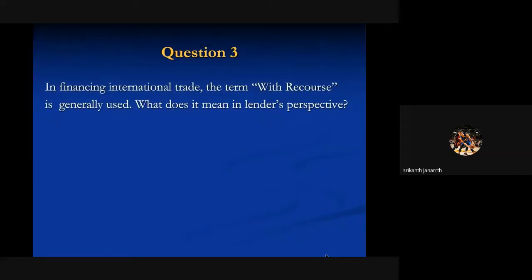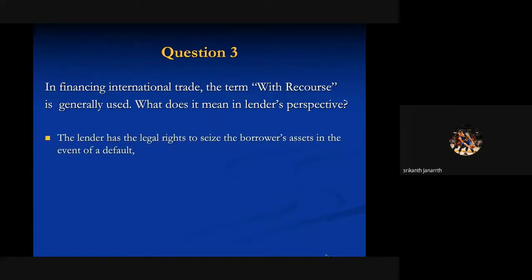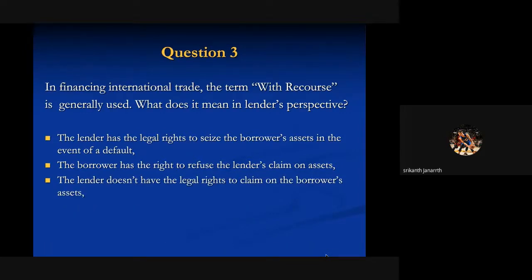In financing international trade, the term with recourse is generally used. What does it mean from the lender's perspective? With recourse. Lender has the legal right to seize the borrower's asset in the event of a default. The borrower has the right to refuse the lender's claim on assets. The lender doesn't have the legal rights to claim the borrower's assets.